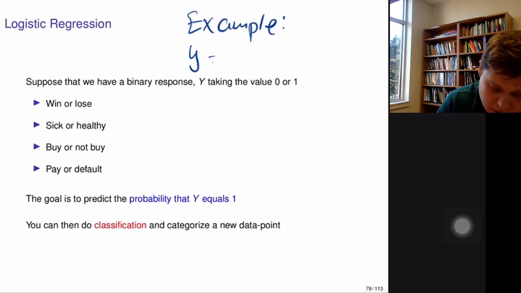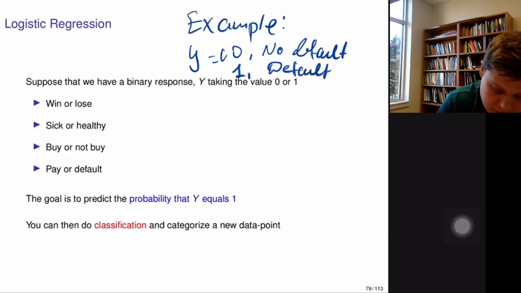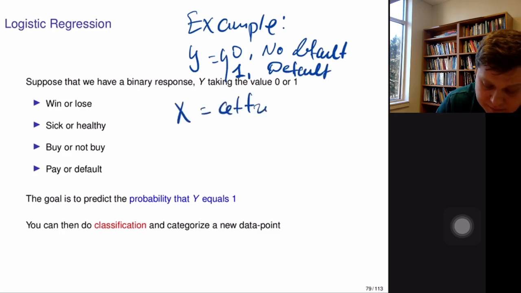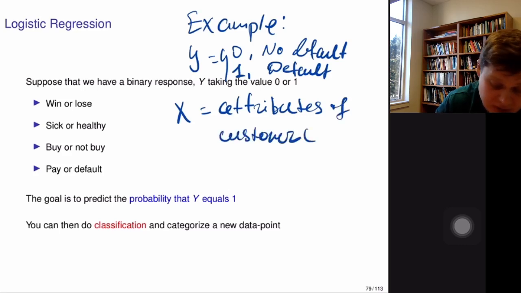So y equals 0, meaning no default, and 1 meaning default. Okay, and x are the attributes of the customer, which come from the application form.